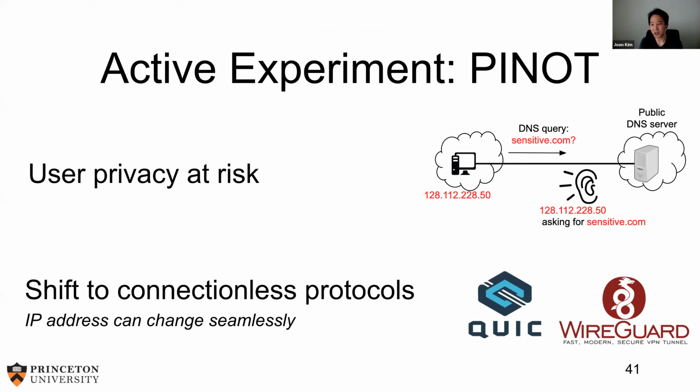For example, QUIC, which actually uses UDP, whereas normally it would be a TCP connection, but it uses UDP to do the job, right? And we also see WireGuard VPN, which is a UDP VPN tunnel. So what this means is IP addresses can change seamlessly using these protocols. And we're seeing a lot of them these days.